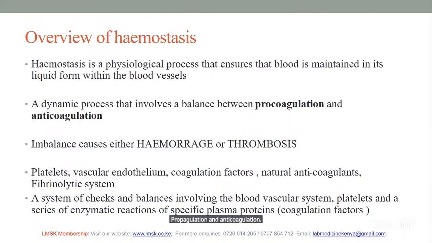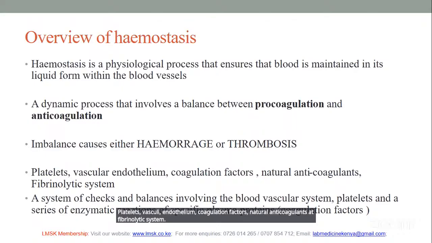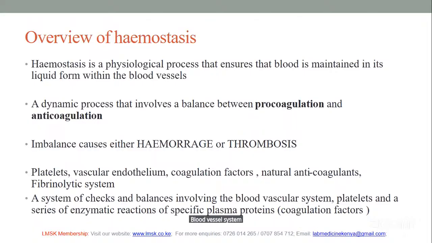In unbalanced cases, either hemorrhage or thrombosis can occur. It involves platelets, vascular endothelium, coagulation factors, natural anticoagulants, and the fibrinolytic system. A system of checks and balances involving the blood vessel system, platelets, and a series of enzymatic reactions of specific plasma proteins. That is what hemostasis is all about. The next slide.